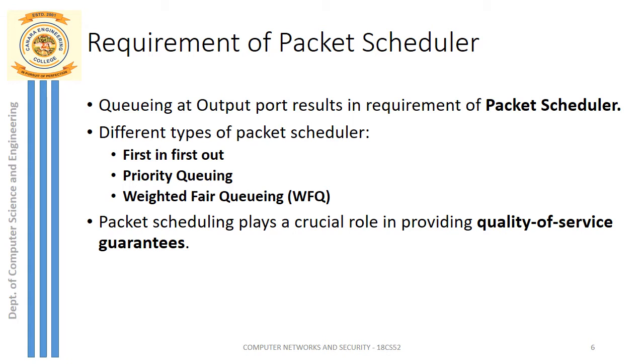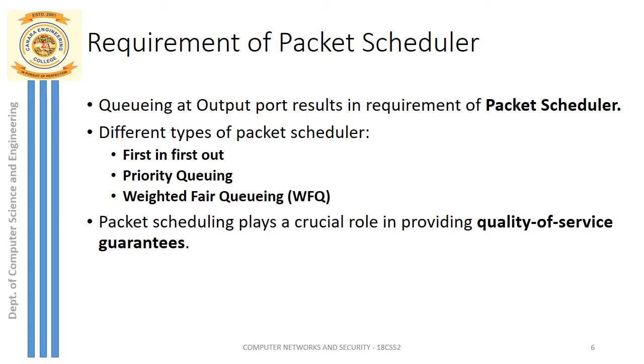Sometimes we consider priority queuing. That means based upon the priority given to the queue, the packet from that queue will be taken first. And sometimes we also consider weighted fair queuing. That means some weightage is given to each queue, and based upon that weightage, the packet will be removed from the queue.